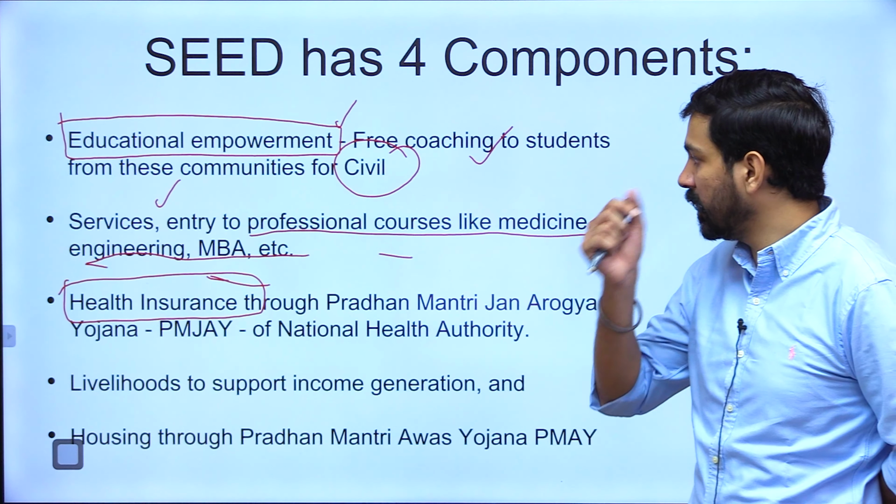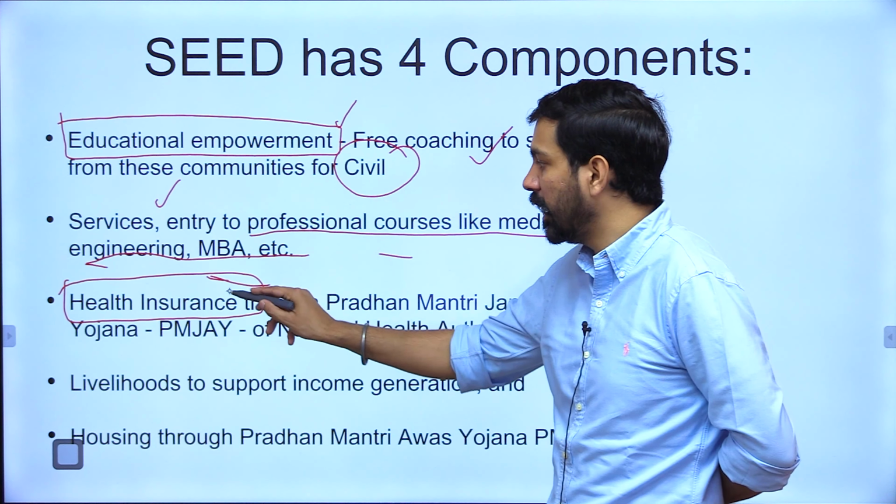For that, the government has stated that under our health insurance program, that is Pradhan Mantri Jan Arogya Yojana of the National Health Authority, the tribes that will be eligible under this scheme will have health insurance under the PM Jan Arogya Yojana, and thus can be protected from any health disease or any health emergency that is prevalent within a particular family.